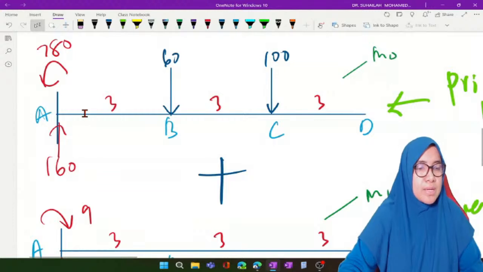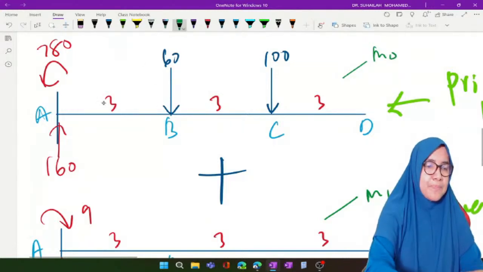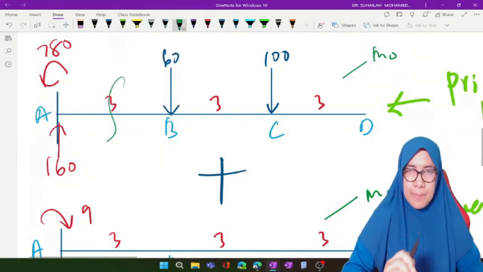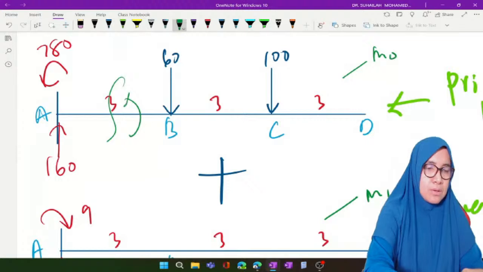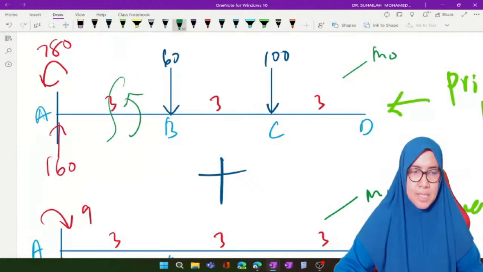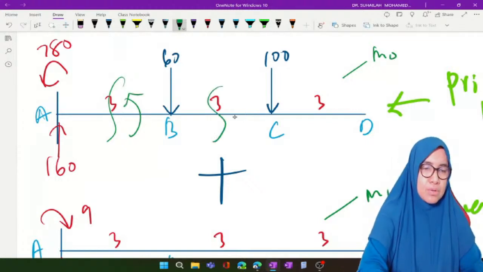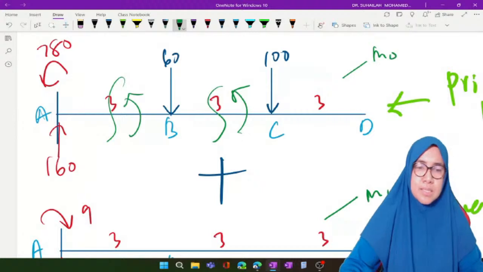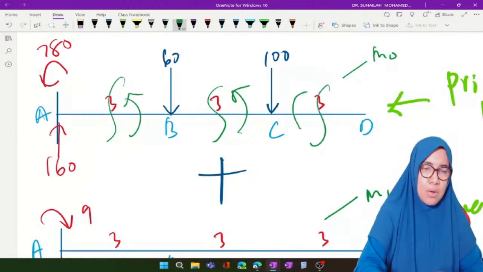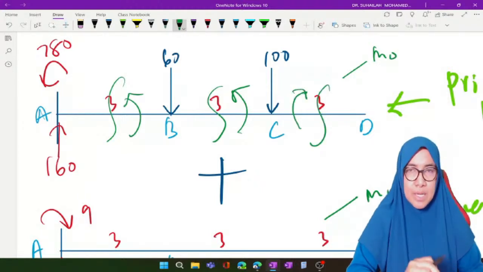We want to write the equation for AB. AB, origin A, rotates counterclockwise. BC rotates counterclockwise. CD rotates clockwise based on the origin that we have chosen.